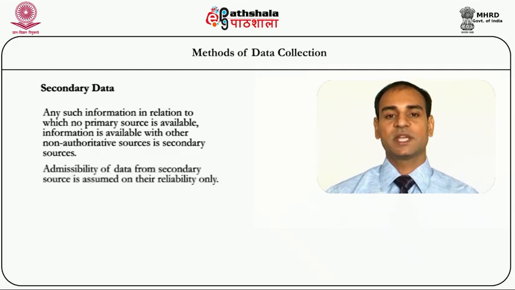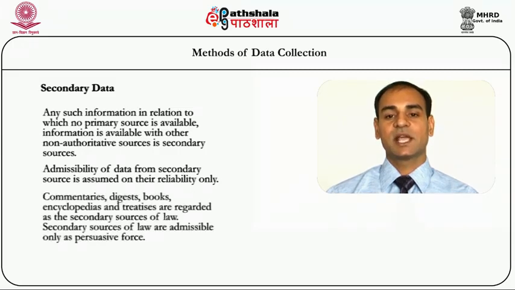Admissibility of data from a secondary source is assumed on their reliability only. Commentaries, digests, encyclopedias and treatises are regarded as the secondary sources of law. A secondary source of law is not authoritative, it is only of a persuasive nature.